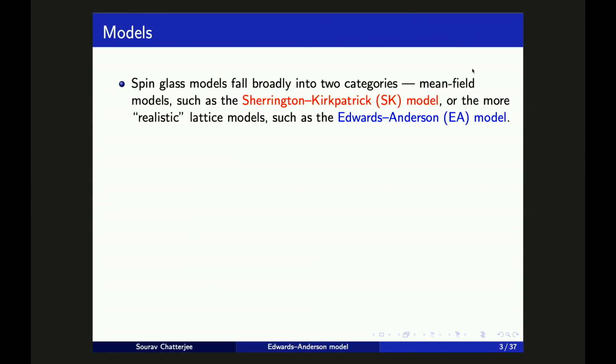They fall broadly into two categories: the mean field models, such as the SK Sherrington-Kirkpatrick model, and there is now a Nobel Prize associated with this model; and the more realistic models, as they are called, though I don't know if they're really realistic, such as the Edwards-Anderson model.